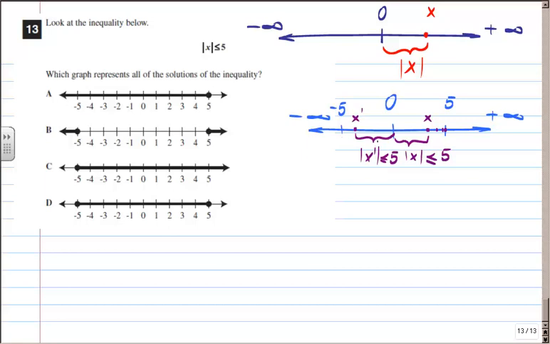Well, absolutely, because that's the distance to 0, and forgetting about the sign, I don't need the sign. The distance to 0 for any number that will be greater than negative 5 here will still satisfy this requirement, that is less than or equal to 5.